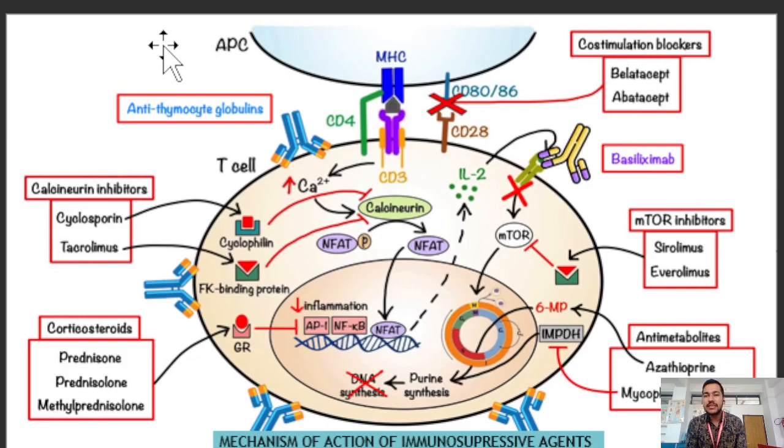So this is just a slight introduction regarding the antigen presenting cell. Now today we are going to talk about immunosuppressants. So basically our entire objective of immunity and immunosuppression revolves around this theory.